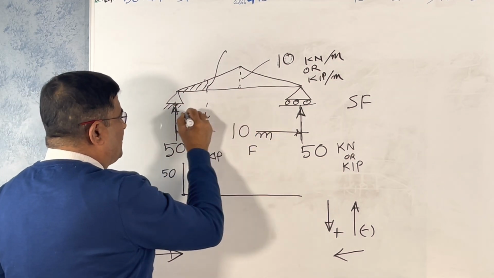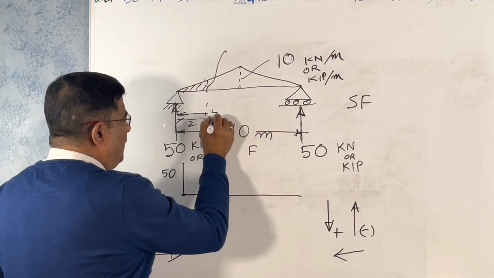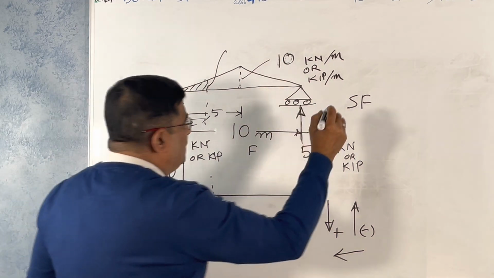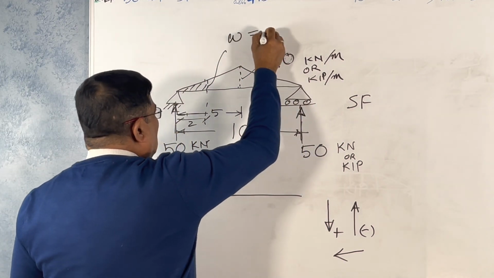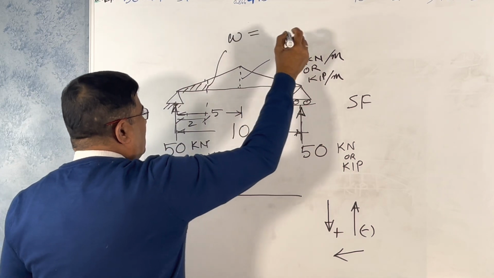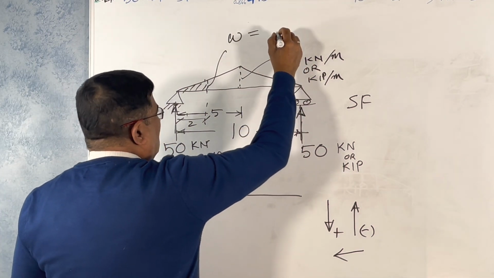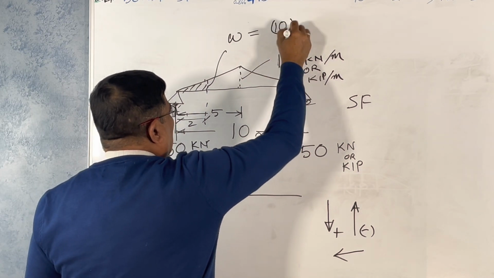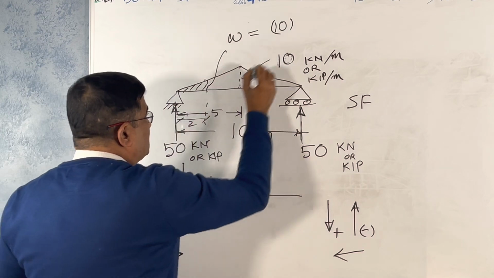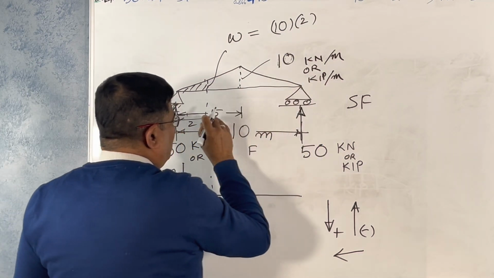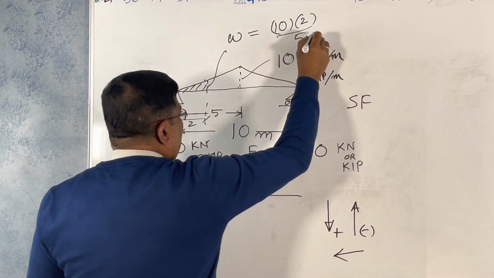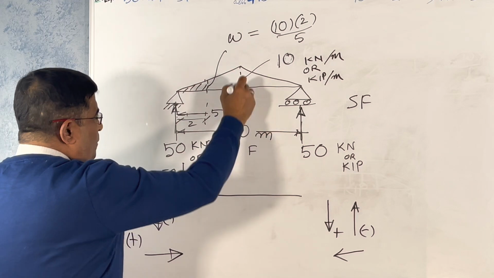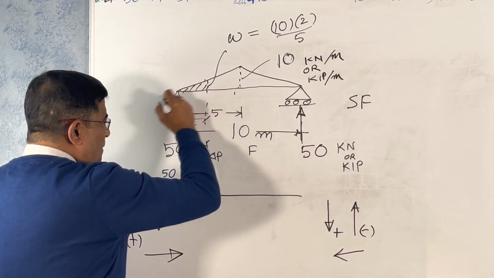From here to here, the distance is 5. If you consider the maximum W equal to 10, multiplied by 2, where 2 is the distance, divided by 5, this distance. From similar triangle condition, this is one triangle, this is another triangle.